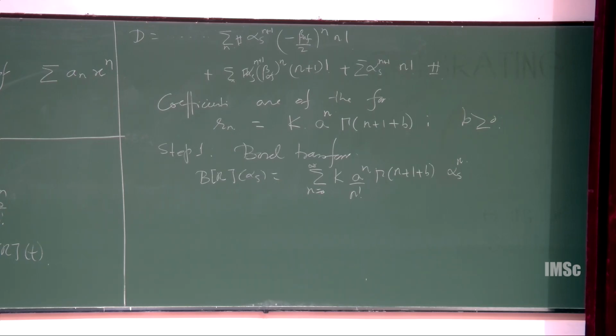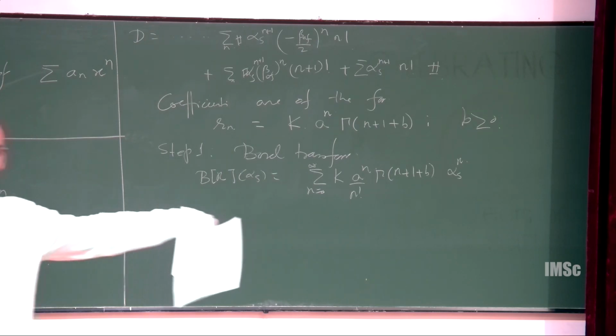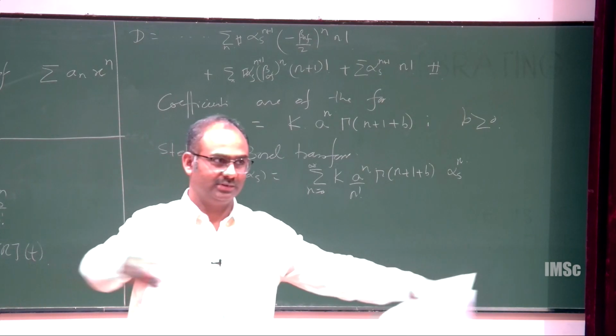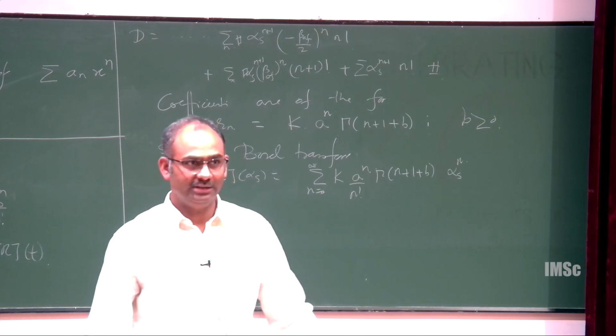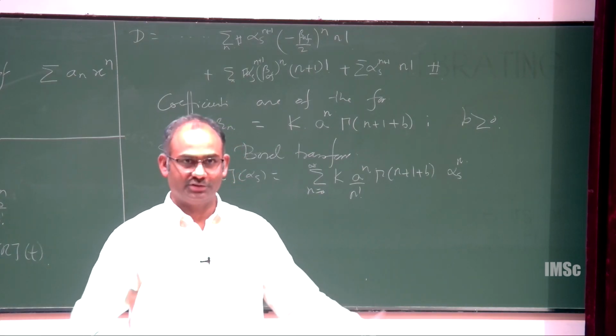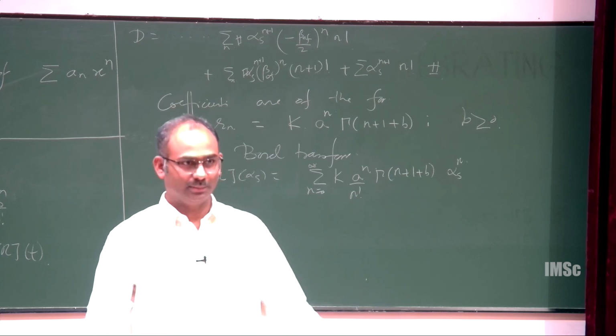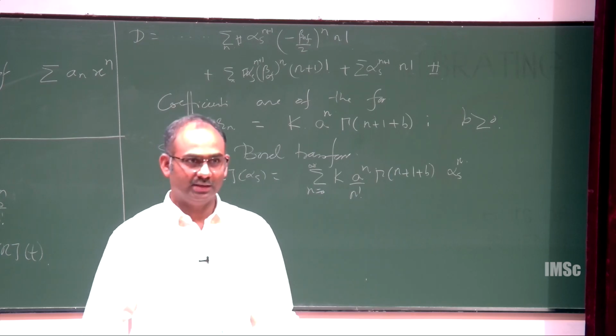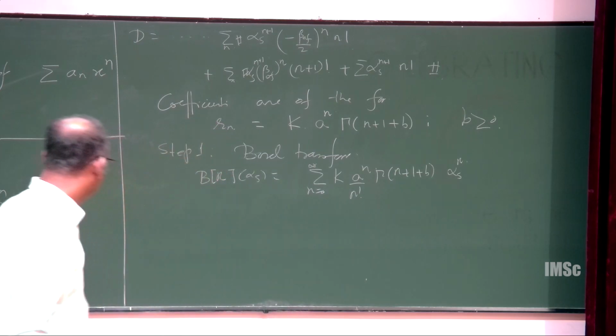Is that okay? The step is clear, that this is what we should do first. I have a series, D, a sum of series which are factorially divergent. I first divide all the coefficients by n factorials, that gives me the Borel transform, then do the integral, which gives you the Borel sum. So I am doing the Borel transform now.